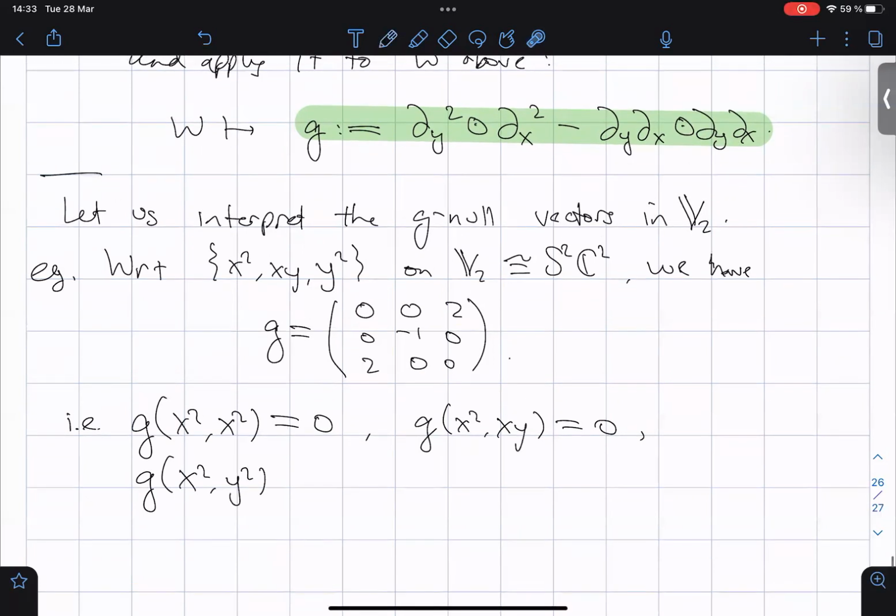Okay, so as I want to get 2 here, I want to use this expression over here. So I'm feeding x squared in the first slot, y squared in the second slot. If it falls over here, I'm going to differentiate twice, once with respect to x and once with respect to y, so it'll kill either of these two vectors. So if I feed it over there, it's just going to be 0.